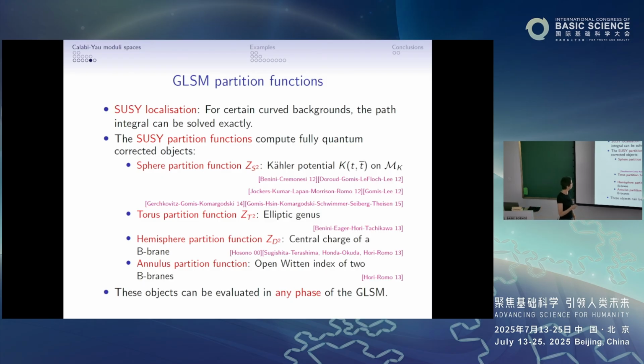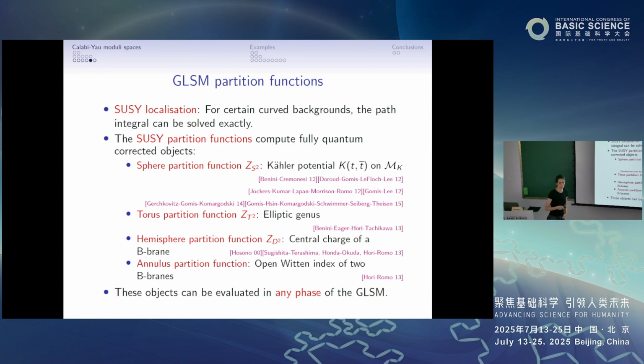And for certain curved backgrounds, the path integral can be solved exactly. And it turned out, if you apply this to Calabi-Yau GLSMs, these SUSY partition functions compute fully quantum-corrected objects that are of interest in string compactifications, compute quantum corrections, and also in various phenomenological applications.